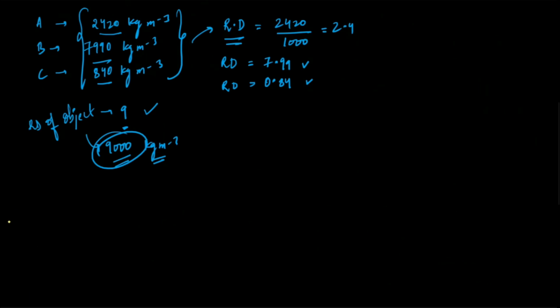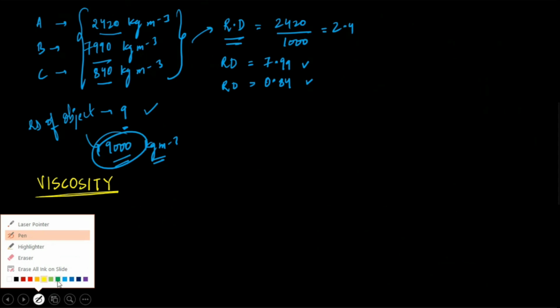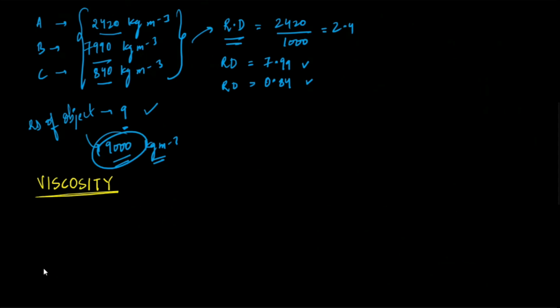So let's move to the next topic and let's talk about viscosity. Viscosity is a property of a liquid. It is a property of fluid which actually helps us to understand how much backward force a liquid can exert if something is passing through the liquid.